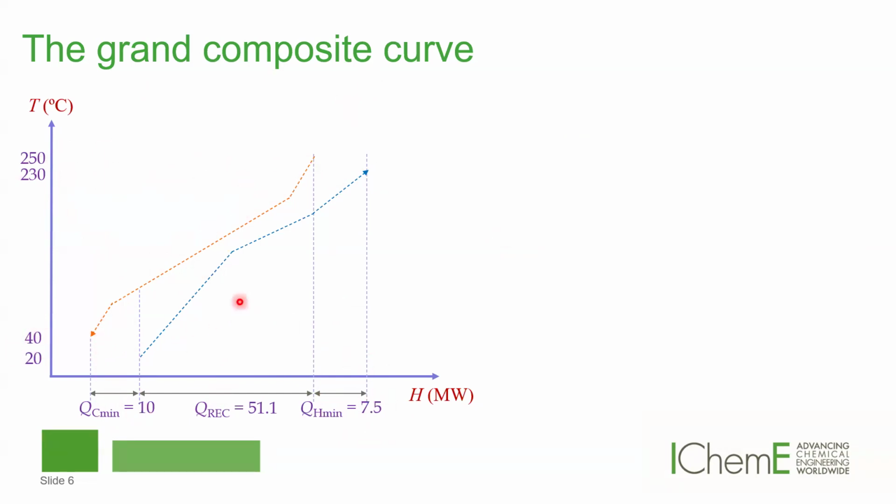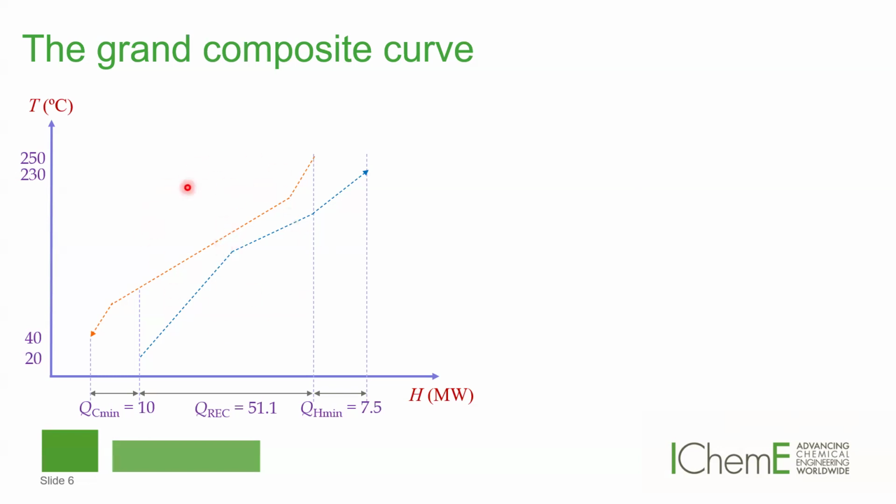And the overlapping region between the hot and cold composite curves tells us that we can recover 51.1 megawatts of energy. And then the closest vertical distance between the hot and cold composite curve is what we call the pinch point, where the delta T min of 10 degrees Celsius is located.